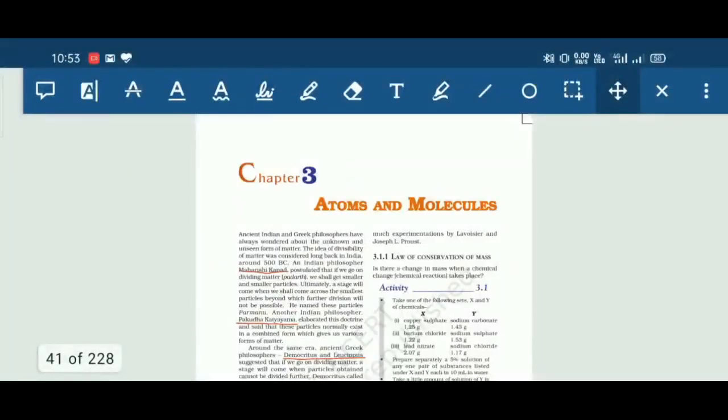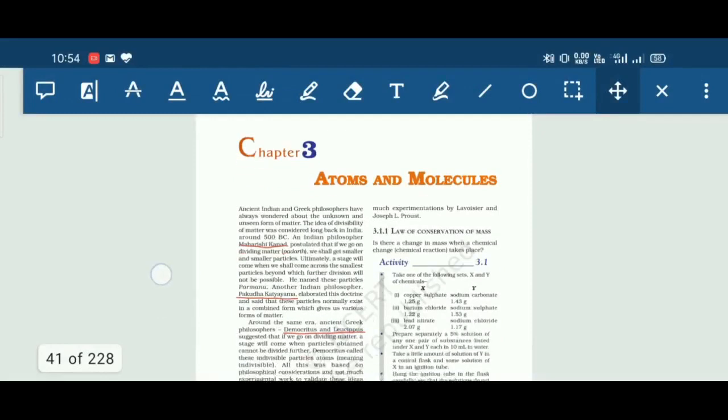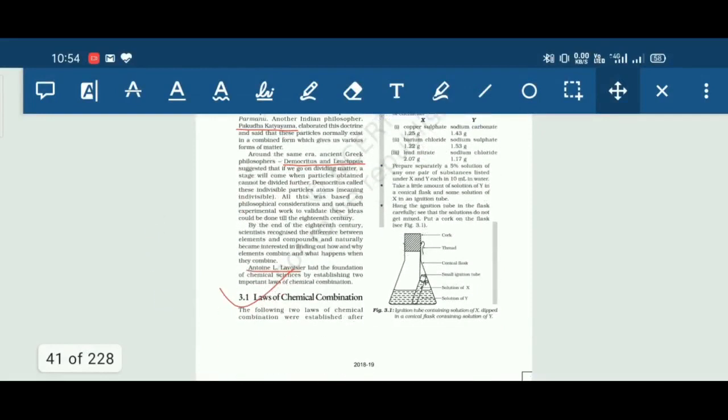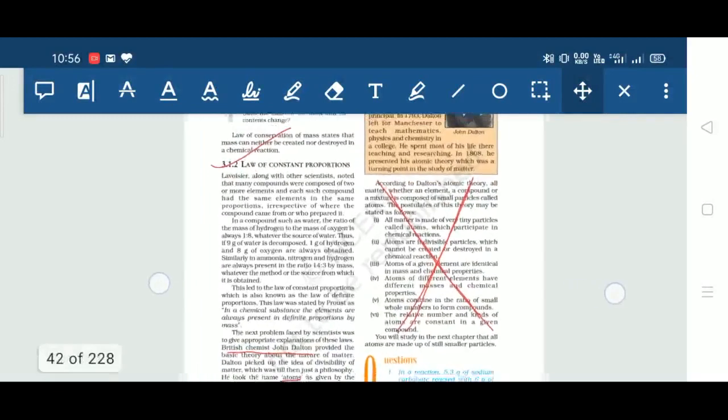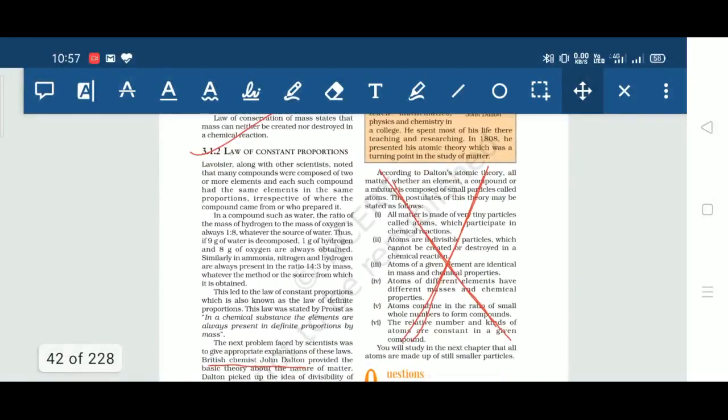Students, with this we have covered the syllabus from chapter 3 that will come in October exams. This includes page number 31 to 39 and first 5 questions from back exercise page number 43 and 44. Also note that Dalton atomic theory on page number 32 has been deleted.